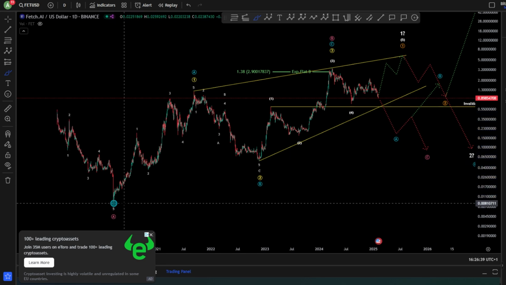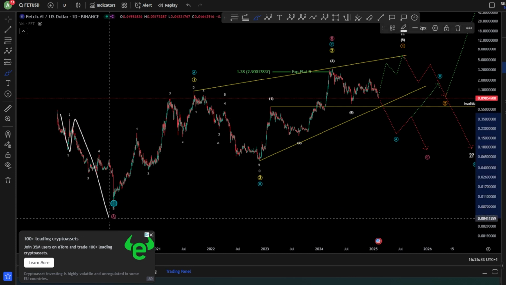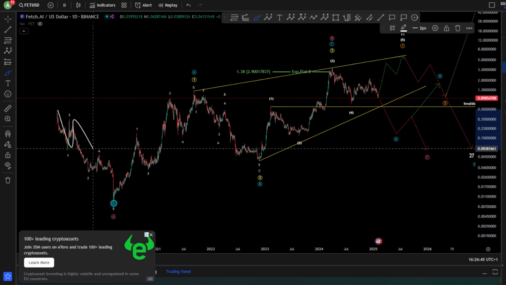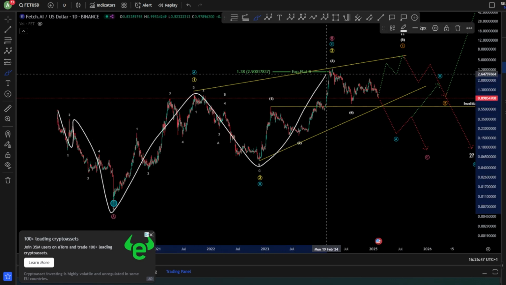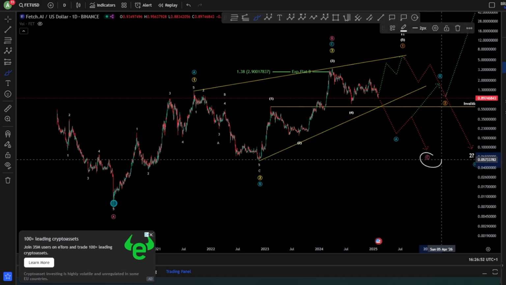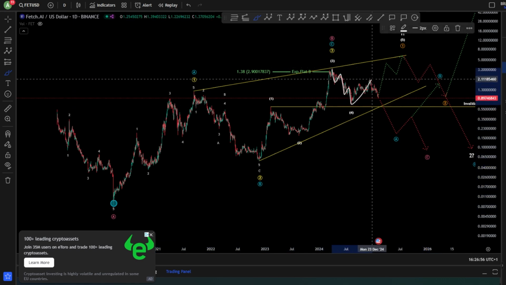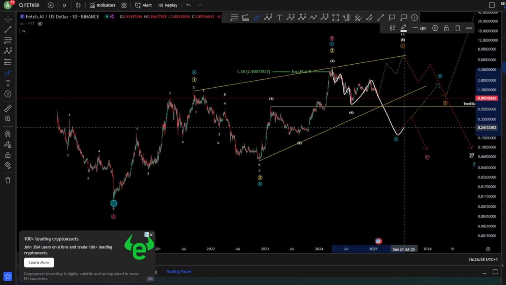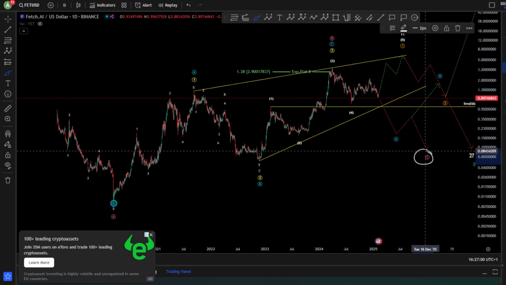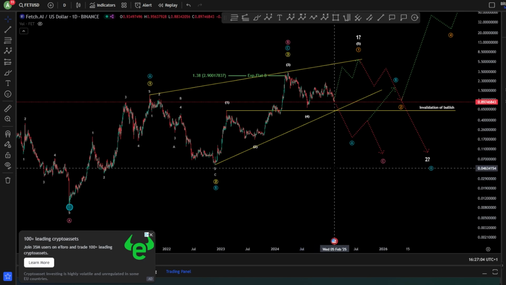I know the wave C is very extended, but still, we cannot just simply ignore it. Let's give it a scenario. So A, 3 waves up for B, and then 1, 2, 3, 4, and a 5 for a wave C. This is a contracting leading diagonal, probably for an impulse 1, 2, 3, 4, and a 5. And wave C for a bearish scenario can be very possible.